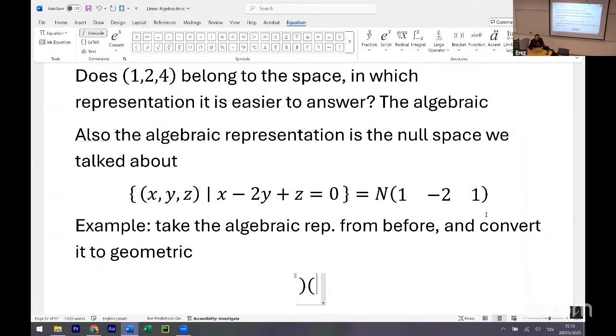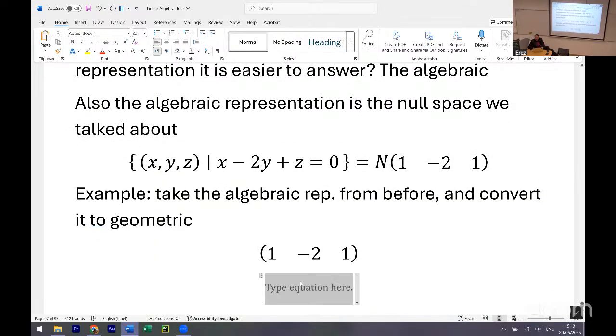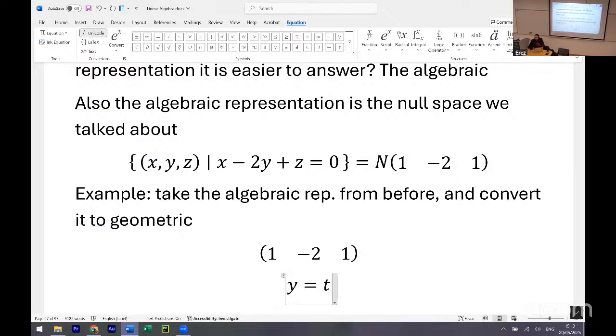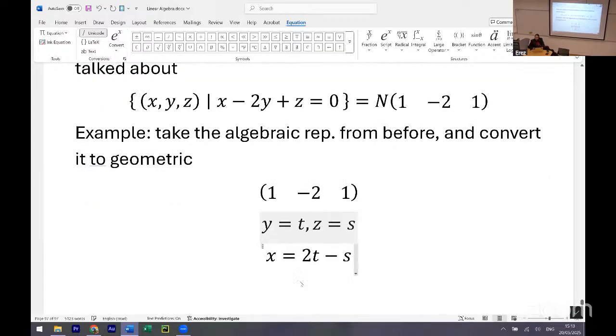So I take the matrix, just copy it. I take the matrix, it's already in reduced echelon form. Y equals T, Z equals S, X equals 2 times T minus S.